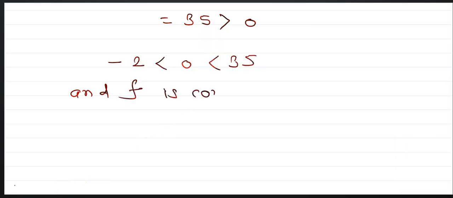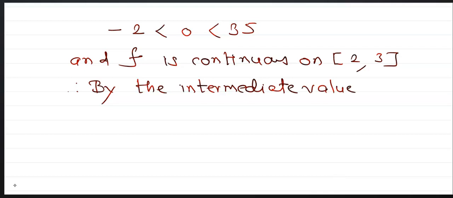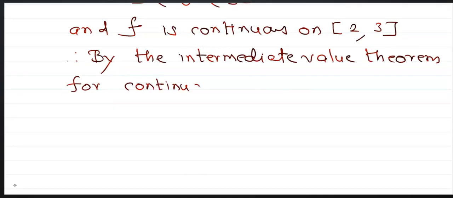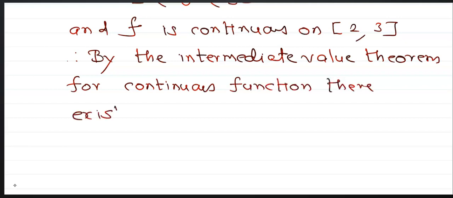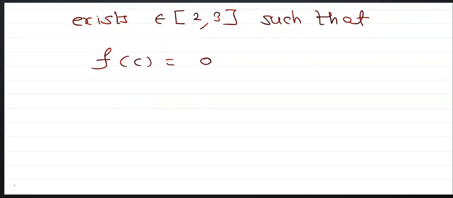Therefore, f is continuous on the closed interval 2 and 3. Therefore, by the intermediate value theorem for a continuous function, there exists C belongs to 2 and 3 such that f of C is equal to 0.